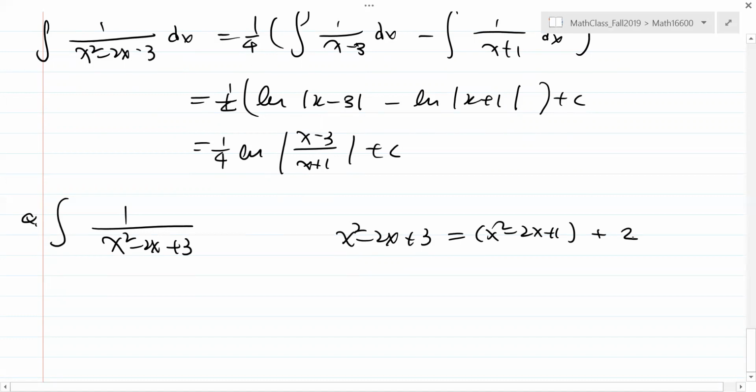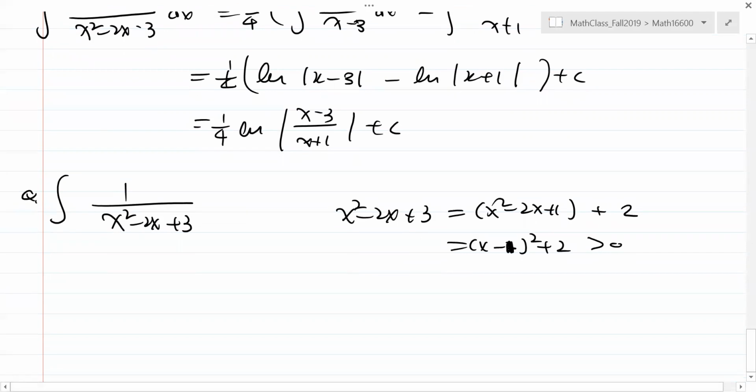So this one has no zero. It's always positive. This never will be 0, so it has no zeros. The reason is b squared minus 4ac is negative. But that's good enough for us to evaluate the integral.